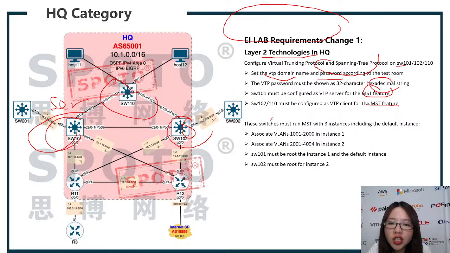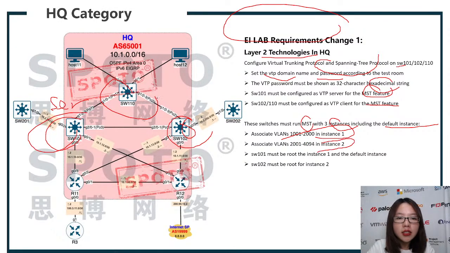Okay, part 2 is about MST spanning tree. These switches must run MST with 3 instances, including the default instance. Associate the VLANs 1001 and 2000 in instance 1. Associate the VLANs 2001 and 4094 in instance 2. Switch 101 must be root for instance 1 and the default instance.